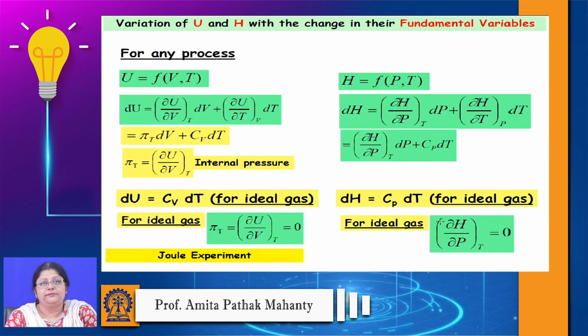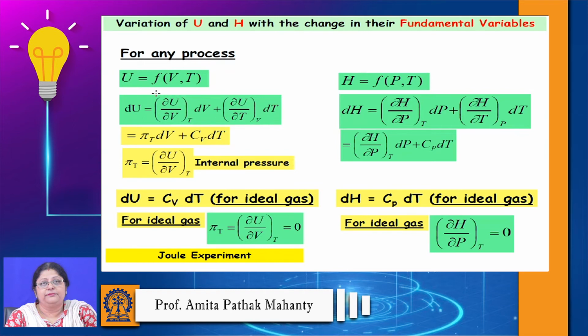You can go through it. Now let us see how the expression of internal energy can be represented, how U and H change with the fundamental variables. U is a function of V and T. You should be able to write this: how the internal energy changes with volume at constant temperature, times the total change in volume, plus how the internal energy changes with temperature at constant volume, times the total change in temperature.